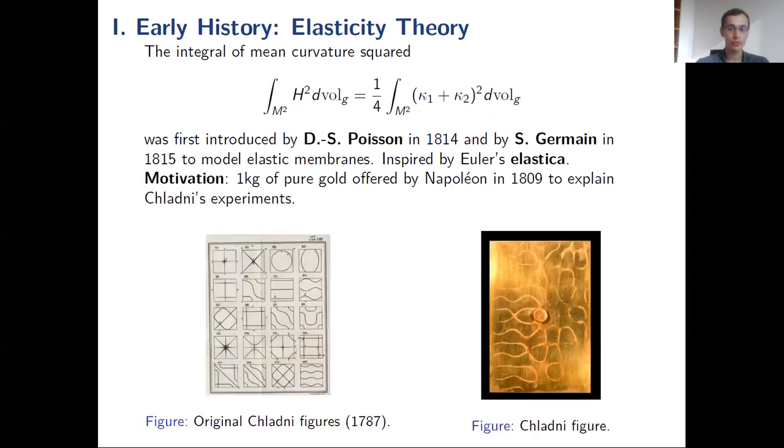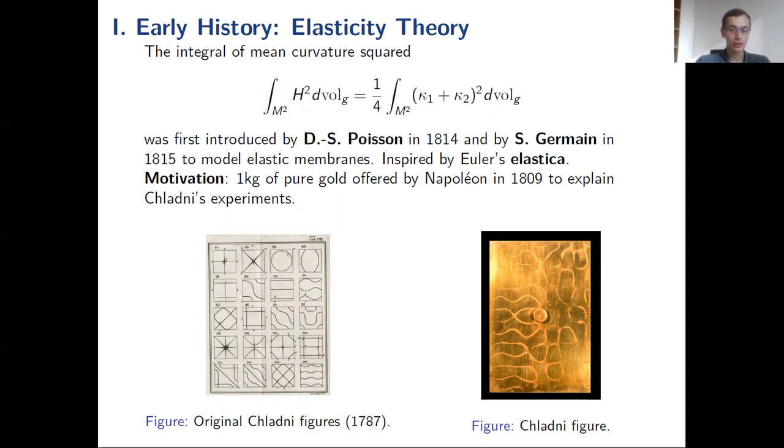Another motivation for this work is to solve a problem given by the Academy of Science. So Chladni was a German physicist who came to Paris to show those experiments. So how do they go?